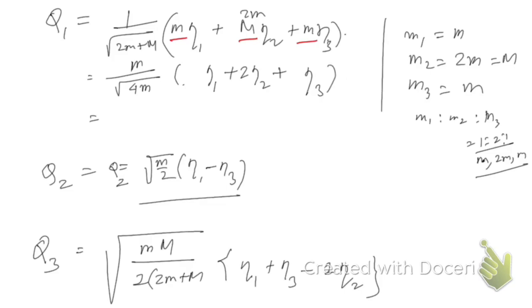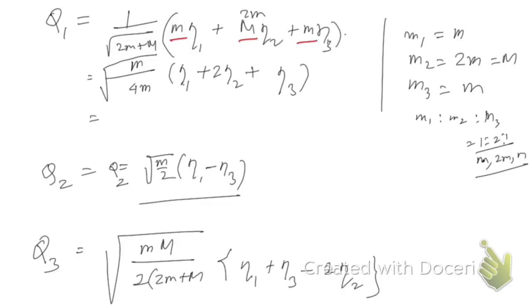Now when you write the square over this whole term, then this m will be m square, then m cancels m square to give m. So we end up getting m equal to 4 by 2 into eta 1 plus 2 eta 2 plus eta 3.